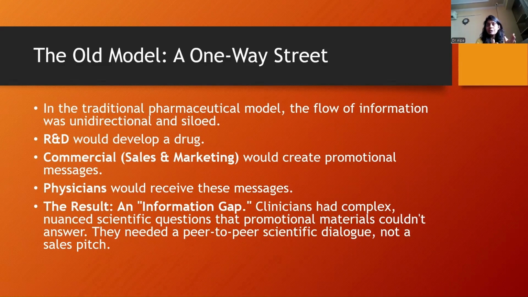So earlier, what used to happen in the pharma company, the R&D department used to take care of drug development. And then from there, the commercial department would take it up and disseminate the promotional drug information to the HCPs, to the doctors, to the clinicians.